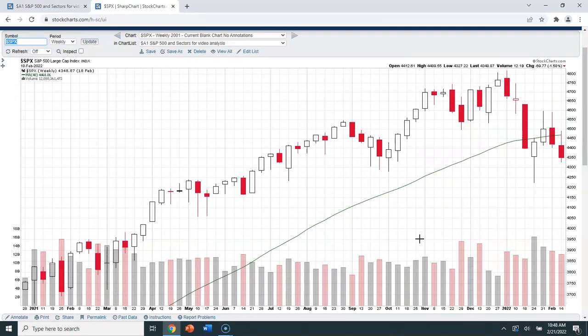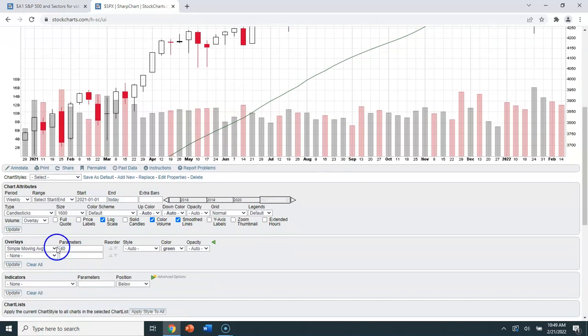A longer-term moving average for the weekly charts would be a 40-week moving average, again, fairly equivalent to the 200. And we can see here for the last couple weeks on the right-hand side where my cursor is moving, we can clearly see that the S&P 500 for the last 2 weeks has closed below its 40-week moving average, okay? So that gives us some perspective as to where we are currently at.